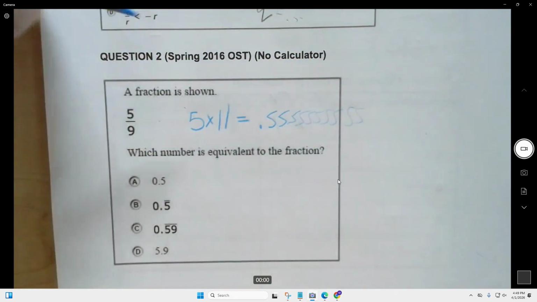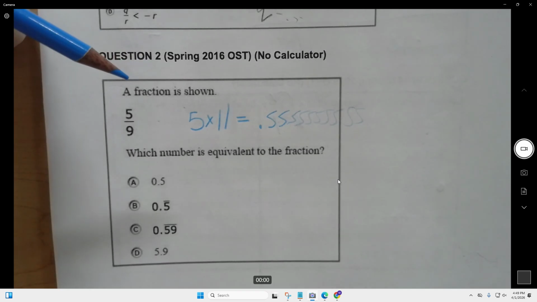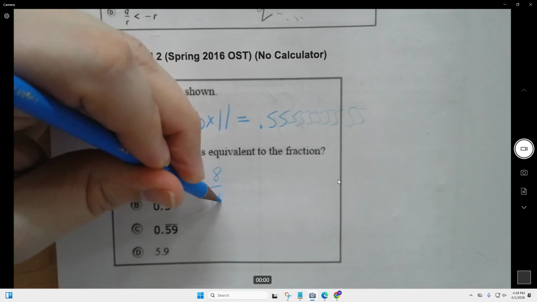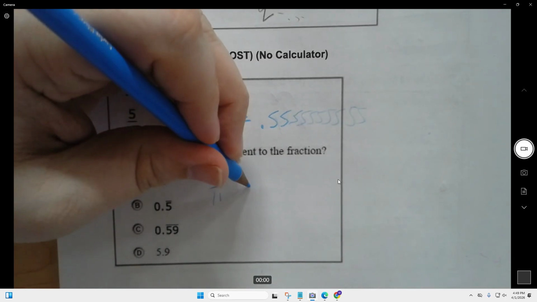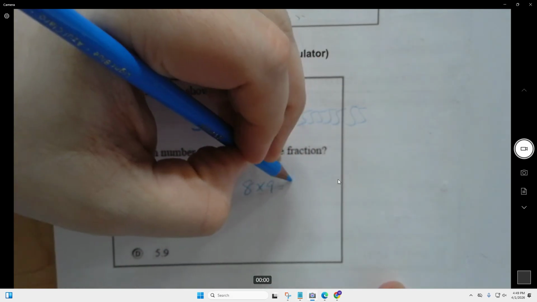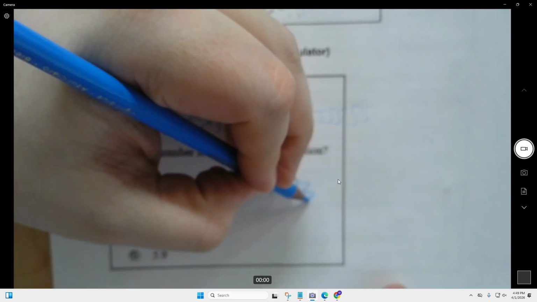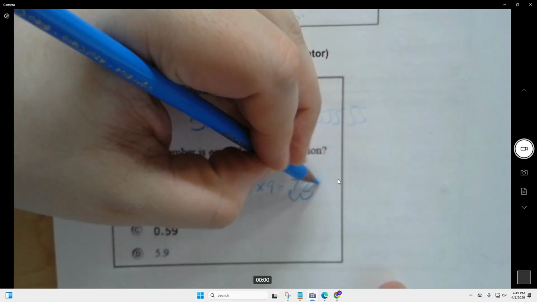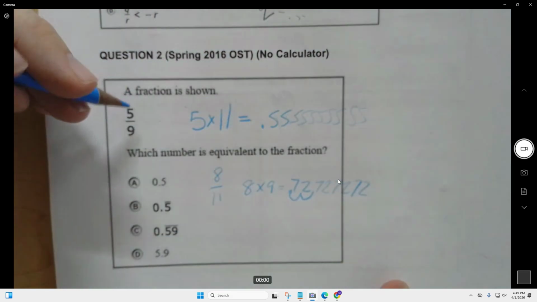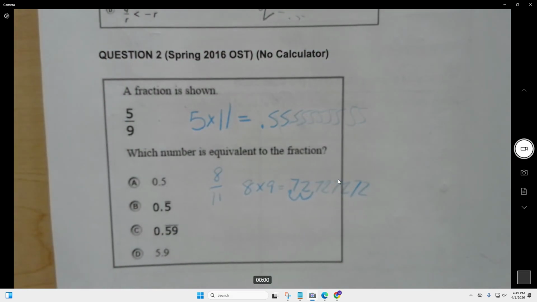In the last video, we had 8 over 11. You would do the same as 8 times 9, which is 72. Move the decimal over 2 spots, and then repeat it. 72, 72, 72. That's a little trick, but it only works with 9s and 11s.